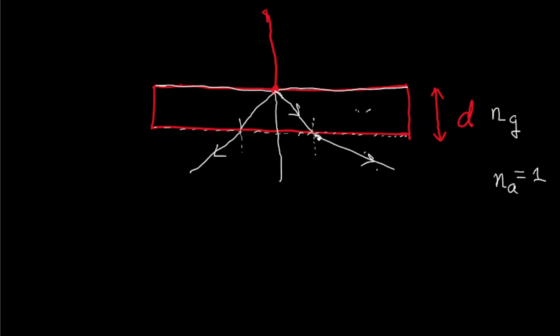Okay, so if we consider another scattered light, let's say this scattered light, at this position, if we draw a normal to the interface, this is the normal, and this angle is called the angle of incidence at this point.